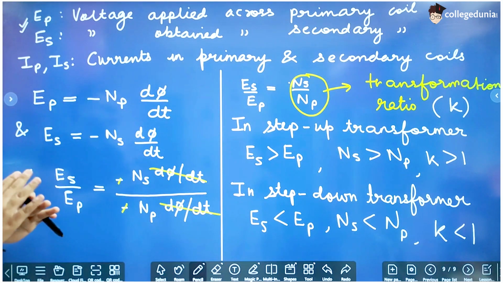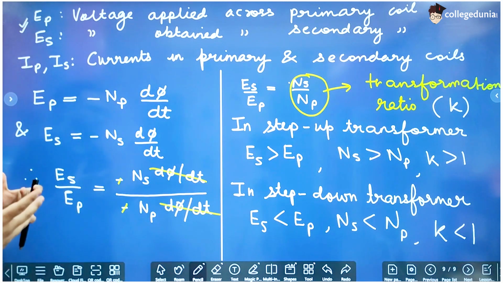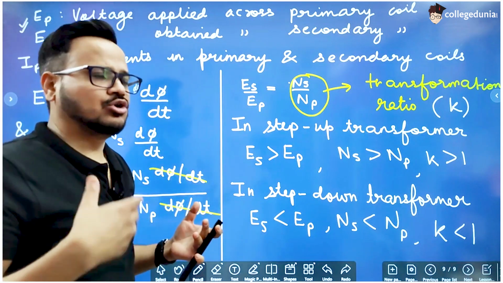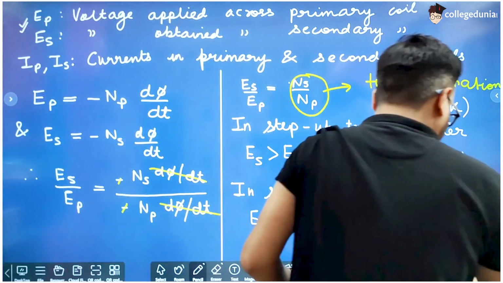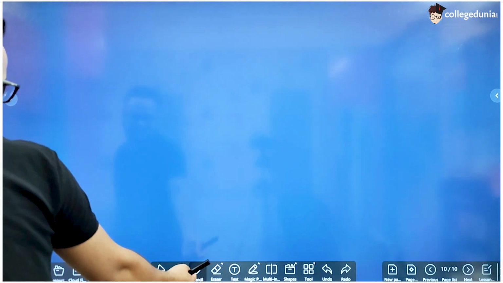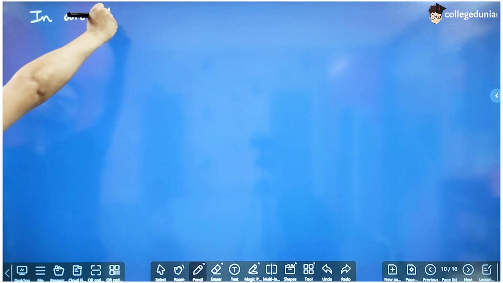But there is no magic happening in this case, otherwise you might think that the voltage is magically increasing or decreasing to any extent. This is not magic, because in an electrical circuit energy is expressed in two ways: one is voltage and one is current. So in an ideal transformer, when there is no energy loss, the output power is equal to the input power.